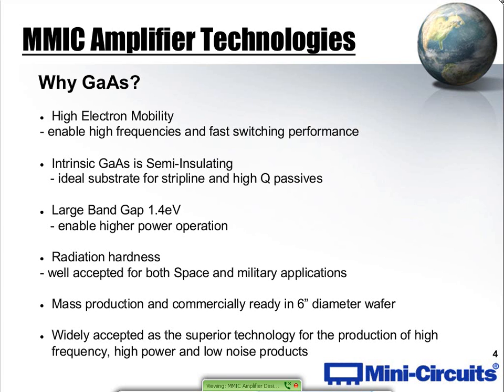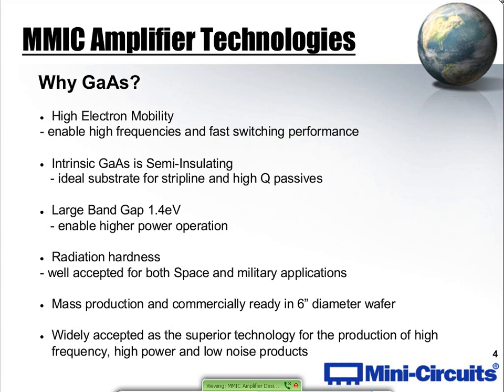And GaAs offers that, because with gallium arsenide we can use it up to 40, 50 gigahertz, so it has wide frequency coverage. We use it down to 100 megahertz or even down to 10 megahertz and less. So that's the frequency coverage. It also offers today what we believe is the lowest noise figure option in the industry. In the last five years, Mini-Circuits has really made a big push on low noise devices, and GaAs offers us the best option to drive low noise figures.